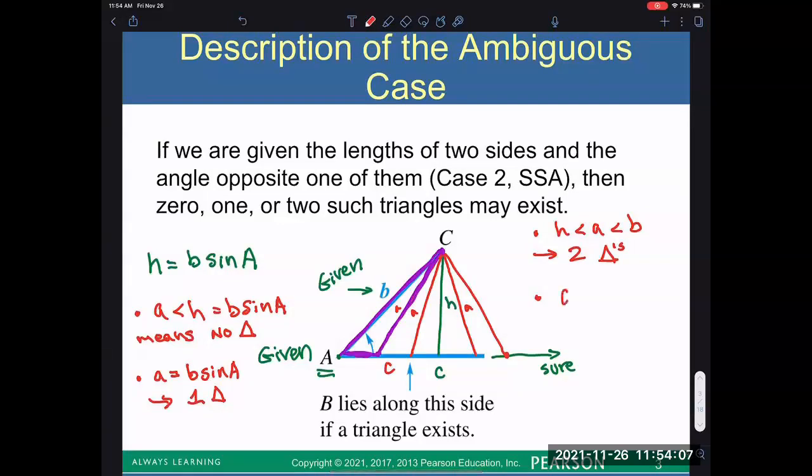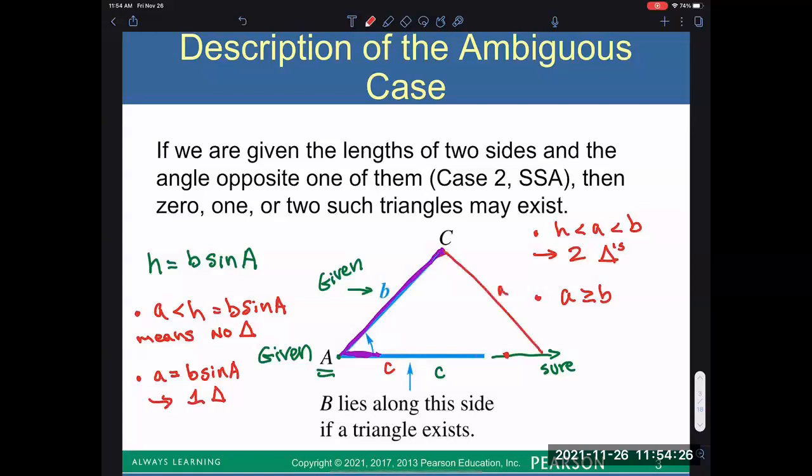So if A is greater than or equal to B, then the only way I can draw side A is to swing it out to the right. And then it could be as large as we want. It could be very, very large, off to infinity, really.